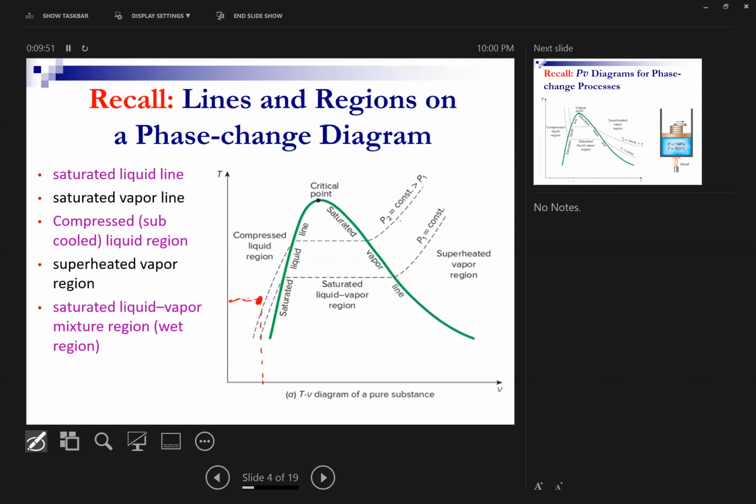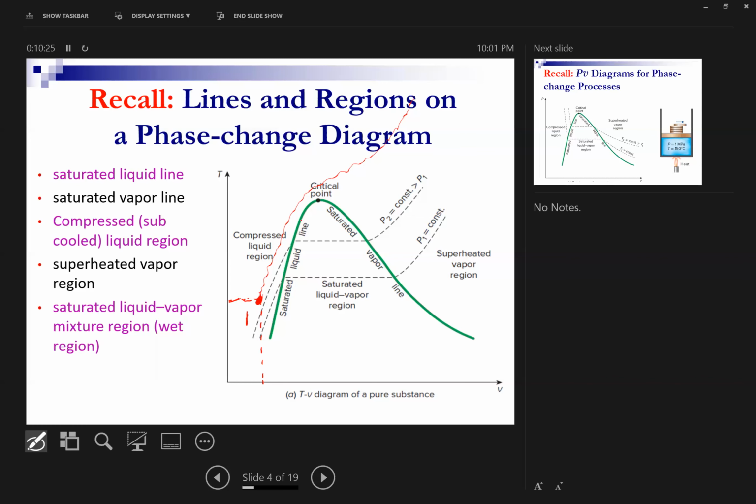Assume that for this case, the pressure is above the critical pressure of the water, and I am heating up the water. If I begin from some point like point one here, and I heat up at very, very high pressures, then it is gonna go such a path. And in this path, I can never ever visually find out two distinguishable phases, right?